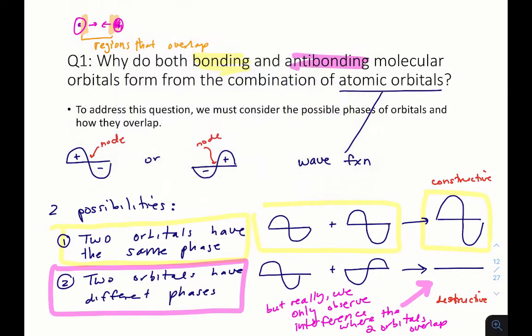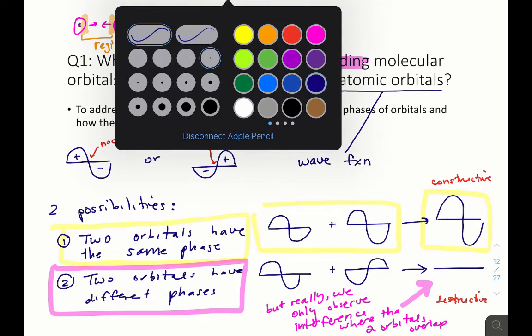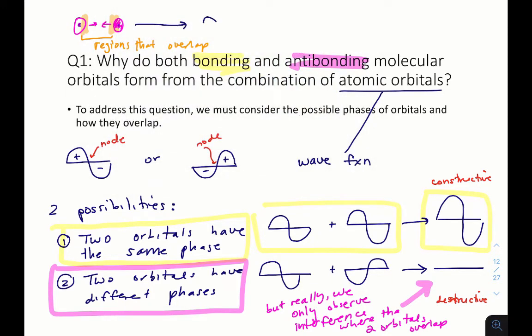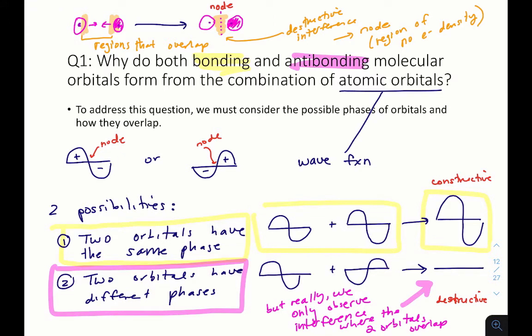Those regions that overlap destructively interfere, and that's why we see them sort of cancel out in between the 2 nuclei where they had overlapped. This node results from where the 2 orbitals have canceled out. So here's where they canceled out. There's the destructive interference. I hope it helps to think about this question in this way.